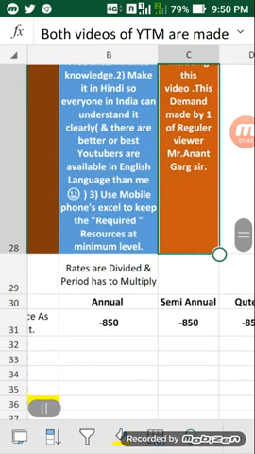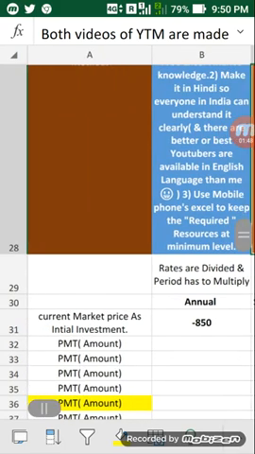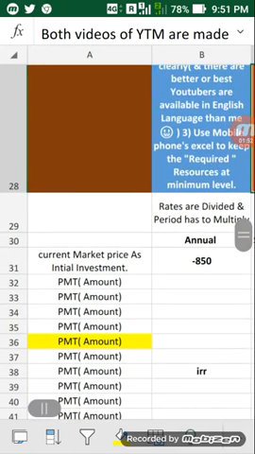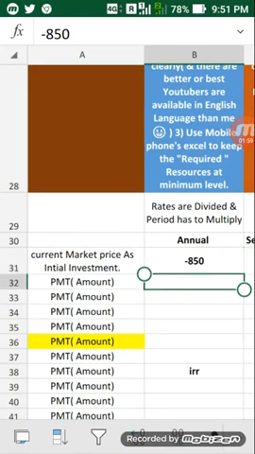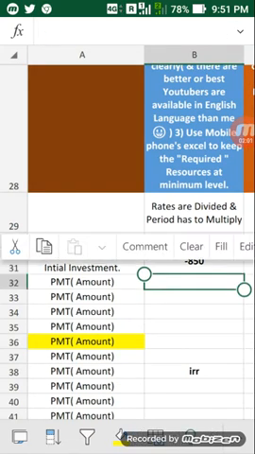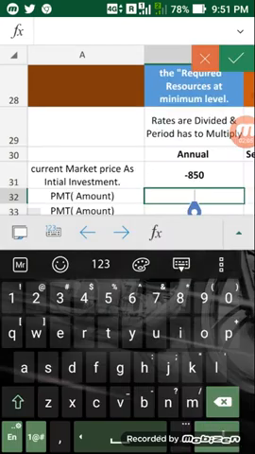So let's try to calculate the yield to maturity of a bond with the IRR function. You have to take your current market price as the initial investment, and then arrange your cash flows, that is your payments, 5 times, because n per is 5 and this time we are calculating for annual.